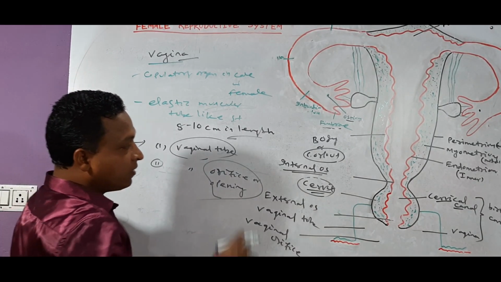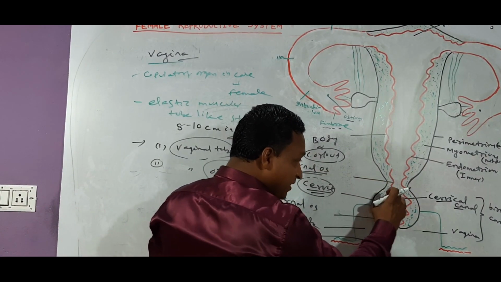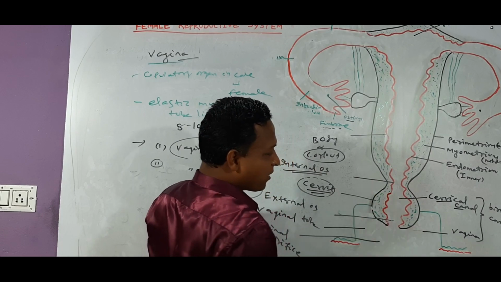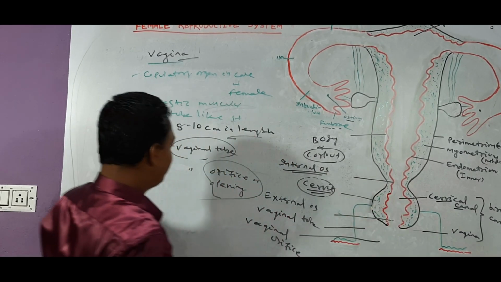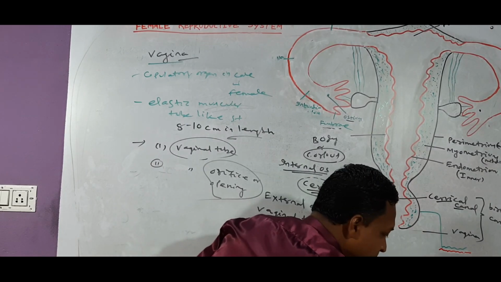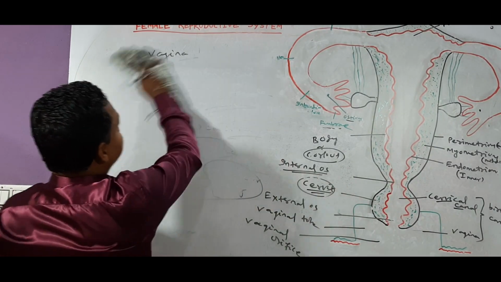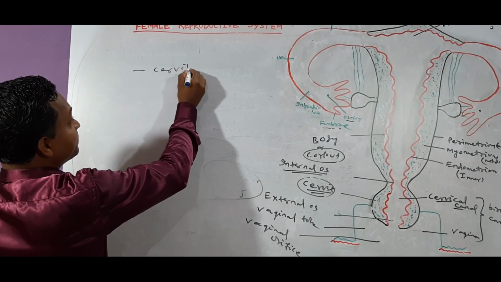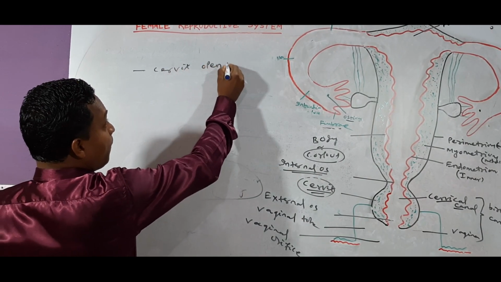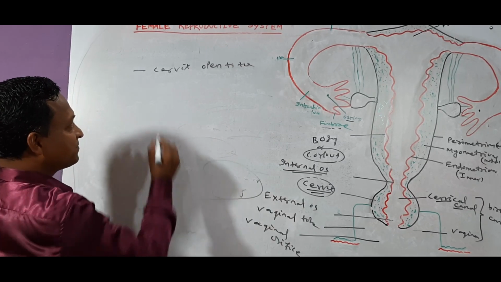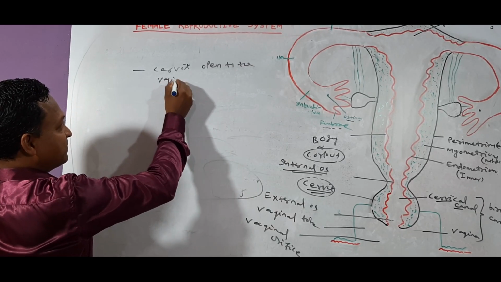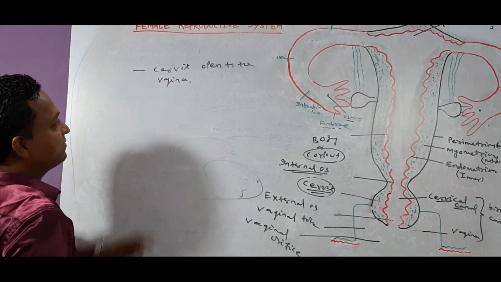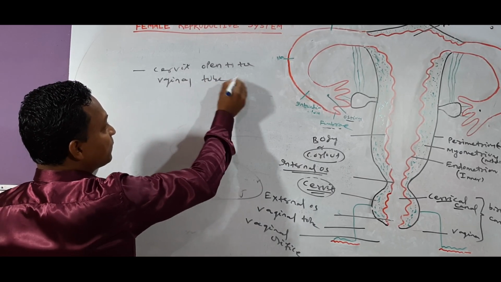The cervix, the last part of the uterus, opens to the vaginal tube.